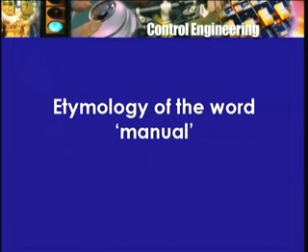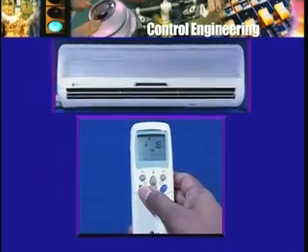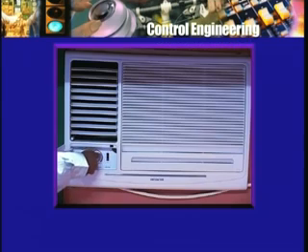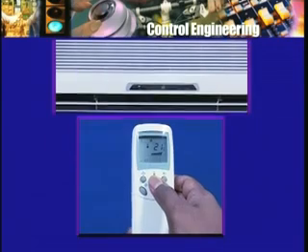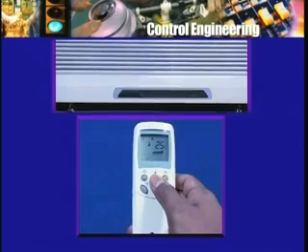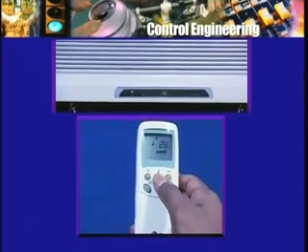So that's manual control. In the case of the air conditioner, of course, the control was partly manual because you had to set the temperature. You had to set the knob, or on the cordless unit you had to set the temperature by pressing some switch or a button. But thereafter you don't have to do anything.